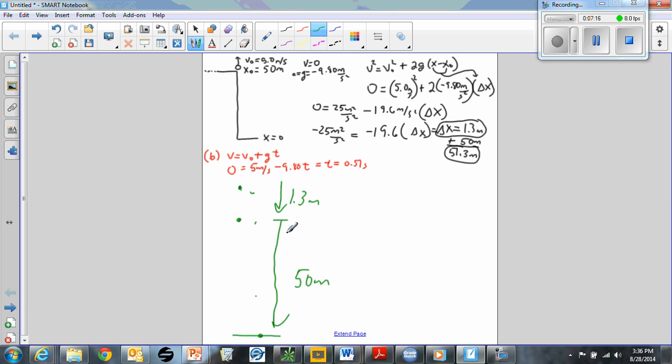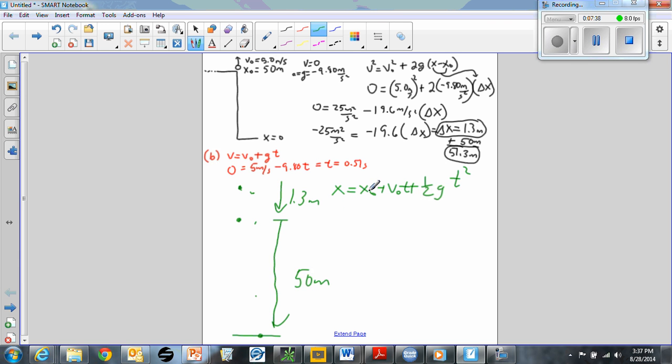So to do that one, I'm going to use the second equation, I think it is. x equals x naught plus v naught t plus 1/2 gt squared. Again, remember that a becomes g.